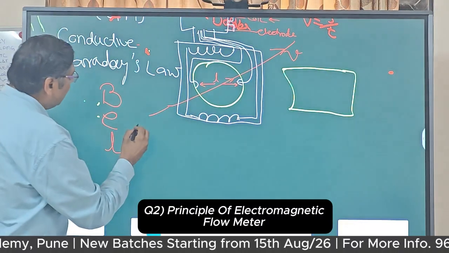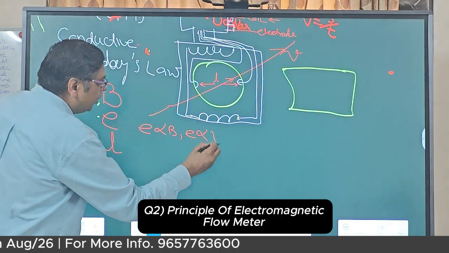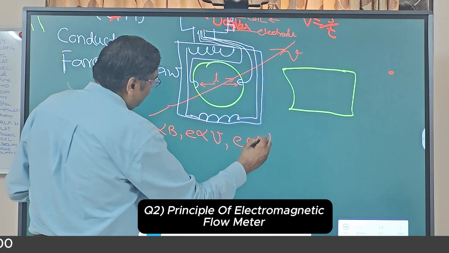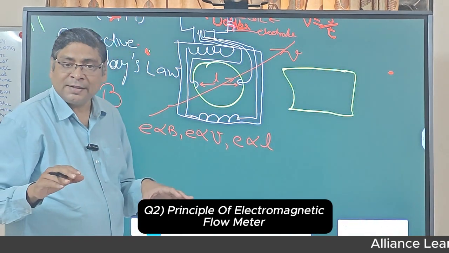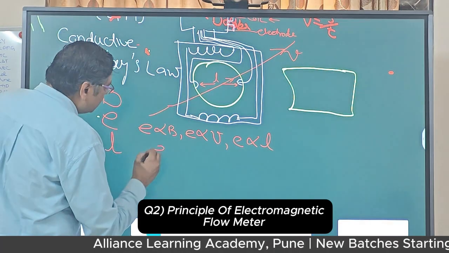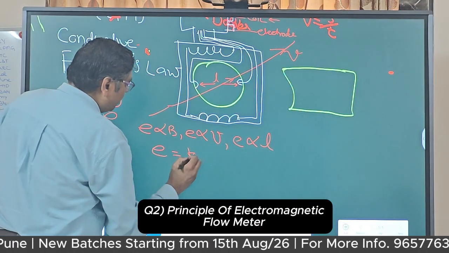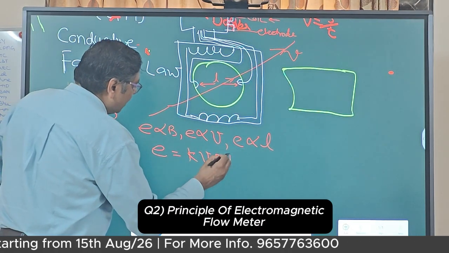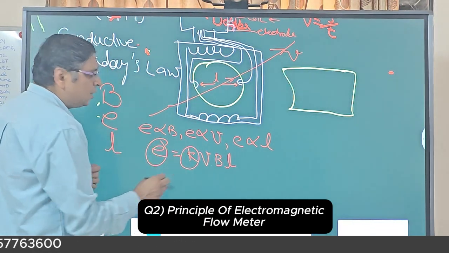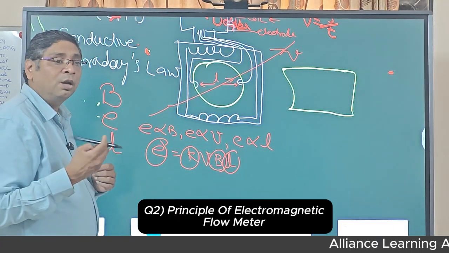As per Faraday's law, E is proportional to B, E is proportional to V, where V is the velocity of the fluid, and E is proportional to L. And we know from mathematics, if we want to equate something from a proportionality, then we need a constant. So E is equal to K times B, V and L. Now you see here, E we are measuring, K is the constant, B is the known magnetic field, L we know. What is unknown? Velocity.